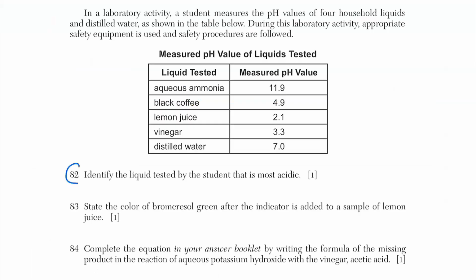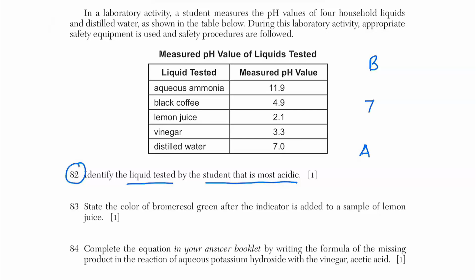Number 82, identify the liquid tested by the student that's the most acidic. Got to go into the blurb and information. What do I know? The most acidic. The way to remember pH is we're going to go from A, using our alphabet, start low, go to B, we put 7 in between.